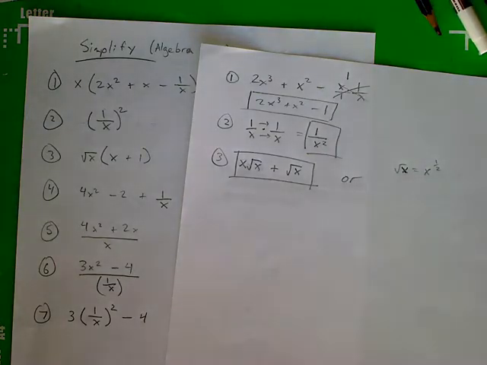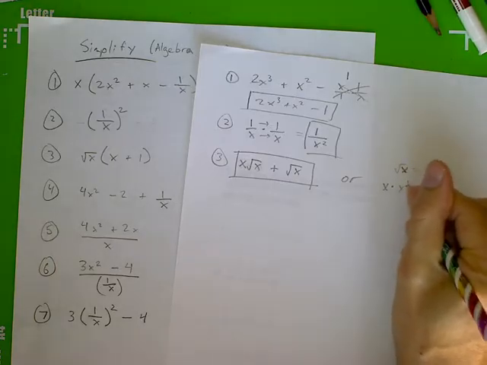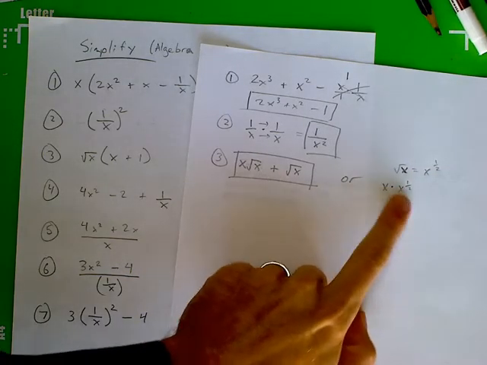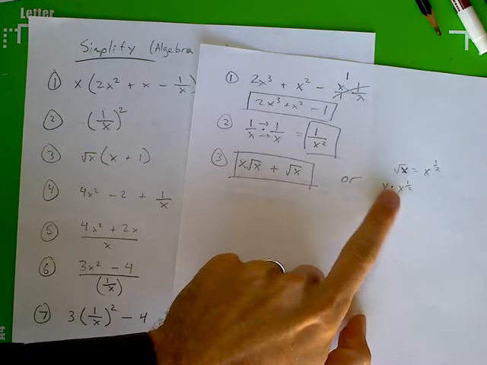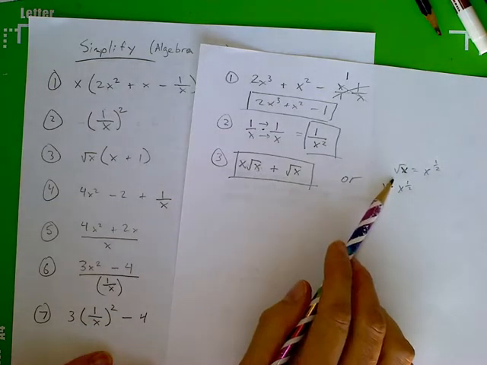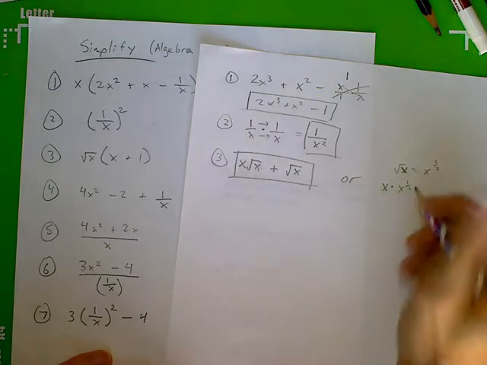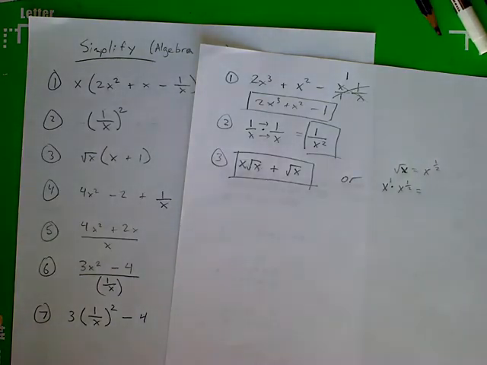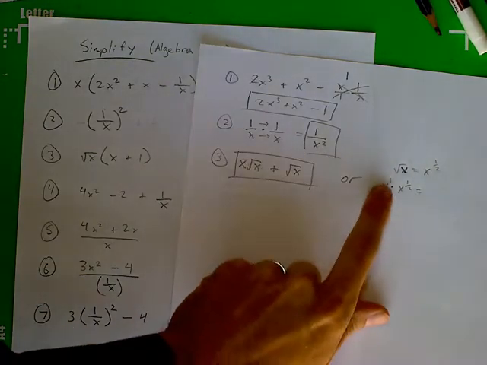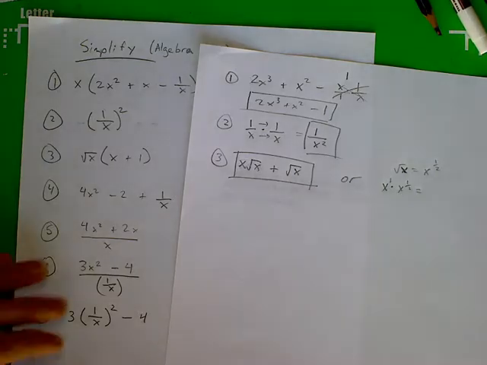So if I think about it like that, then how would I do x times x to the 1/2? How do I multiply two numbers together that have the same base but different exponents? By the way, what's the exponent on just x by itself? A 1. So what do I do with those exponents? Yeah, I add the exponents. So 1 plus 1/2. What's that? Well, 1 and 1/2, but we want to write it as an improper fraction.